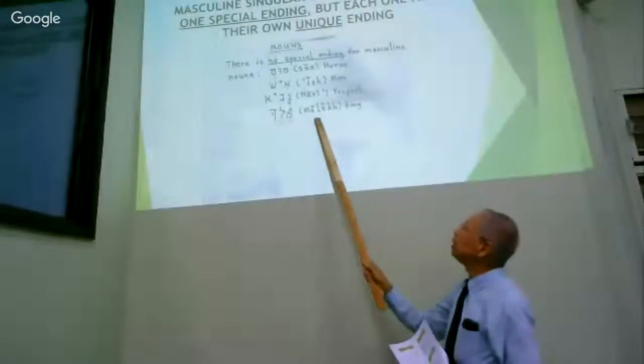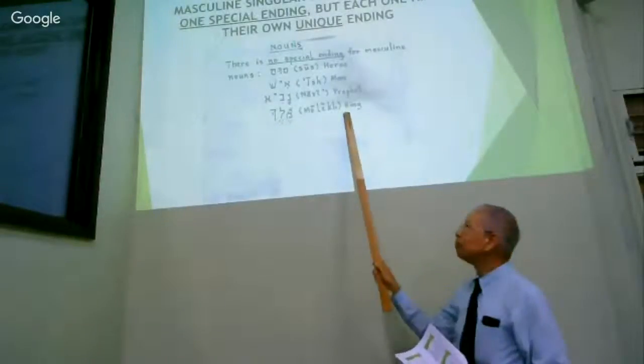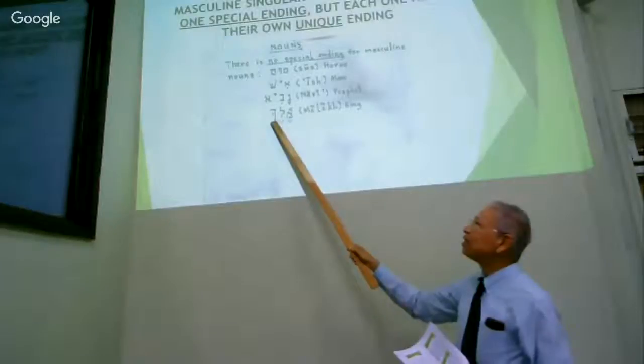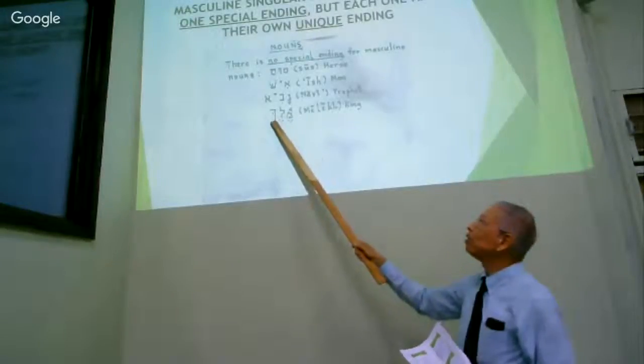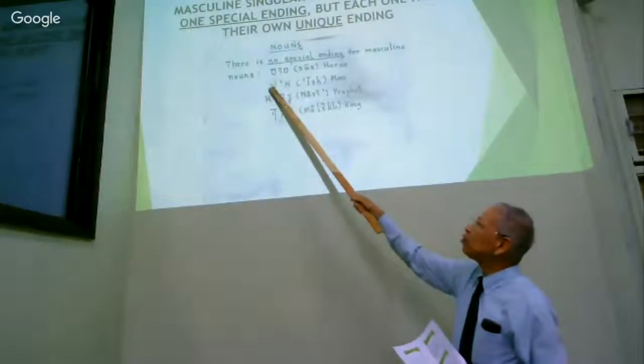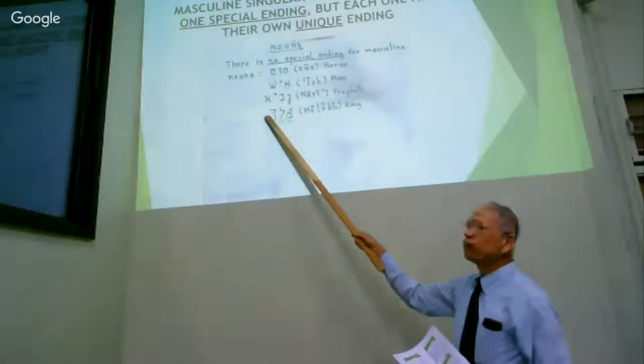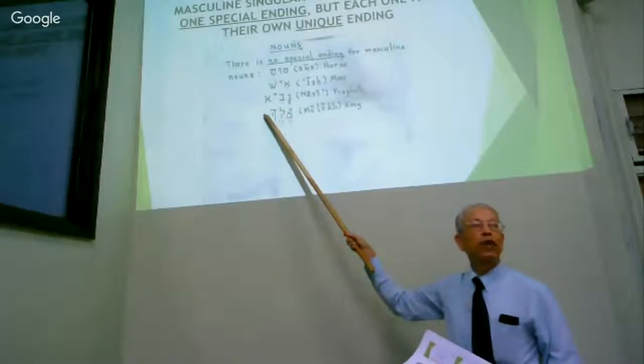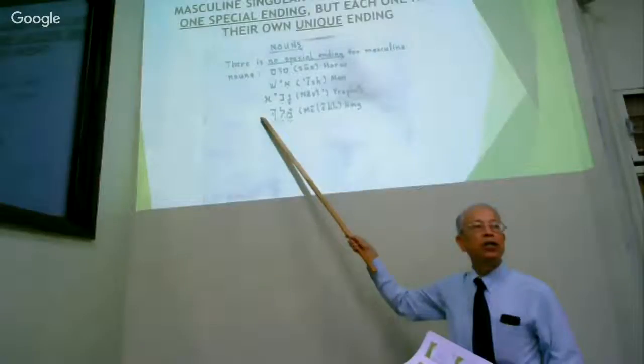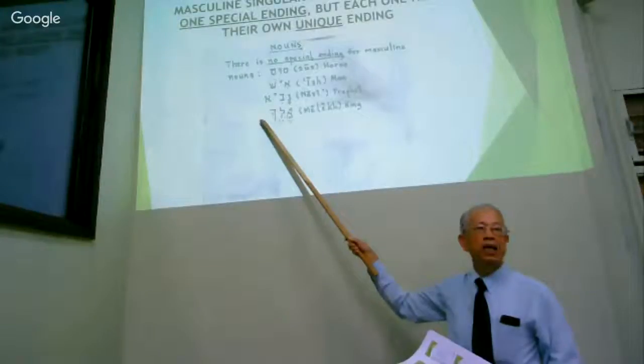Melech means king. And Melech ends in kaf. So samek, shin, aleph, and kaf. These are different endings. Each noun has a different ending. All the nouns do not have the same ending.